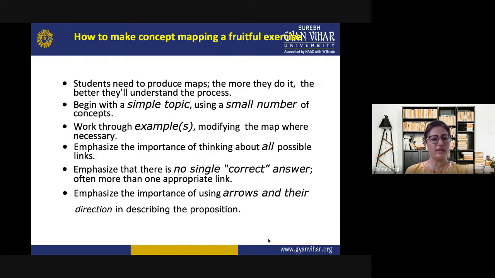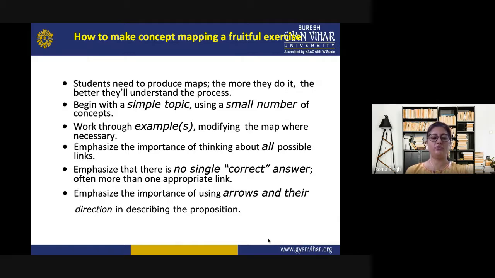Always try to begin with a simple topic using a small number of concepts while teaching this strategy to the students. Work through examples. Try to give more and more examples to the students and modify the map wherever necessary. Emphasize the importance of thinking about all possible links.